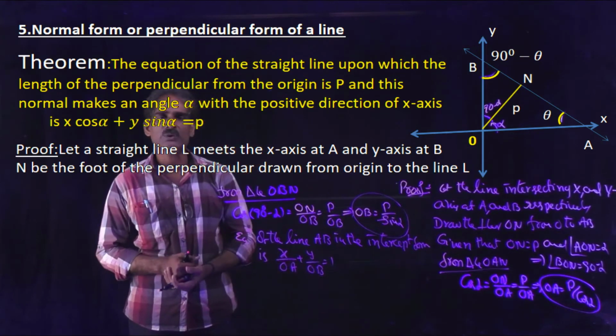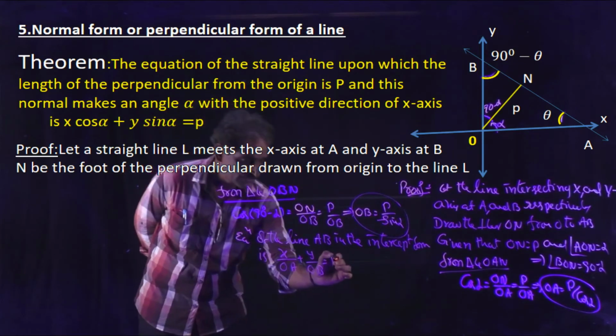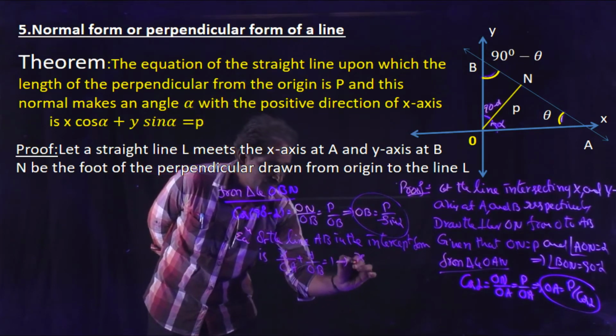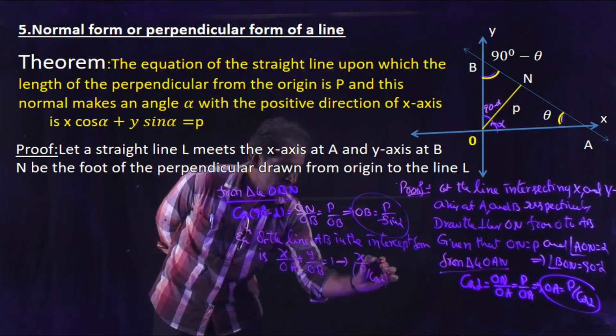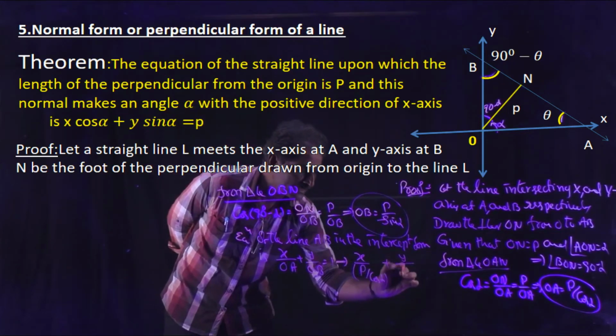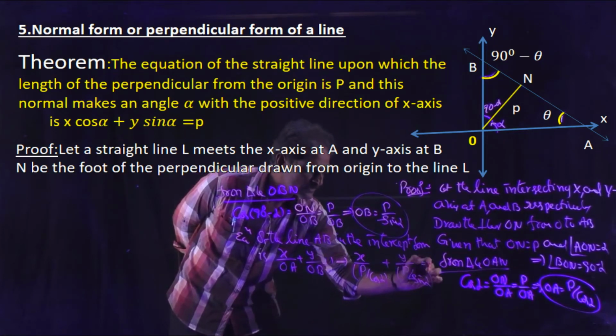Now replace OA and OB by those two values, p by cos alpha and p by sin alpha. This implies x by (p by cos alpha) plus y by (p by sin alpha) is equal to 1.